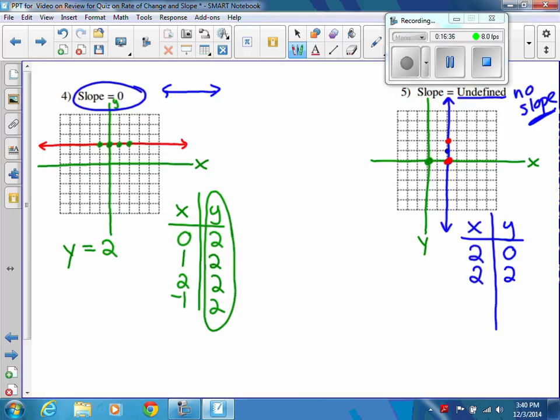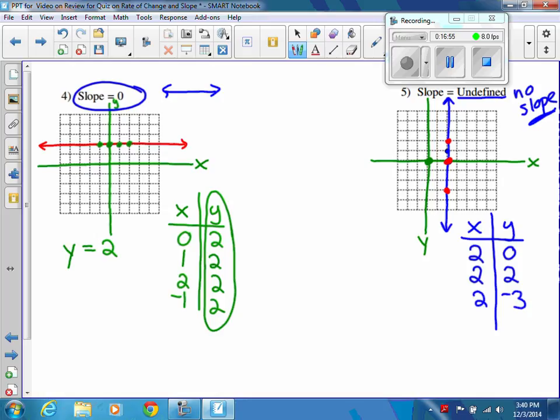So that was where my ordered pair is 2, 2 for that one. If I put a point right here, I am now going to the right 2, and I'm going down 3, so that's a -3.